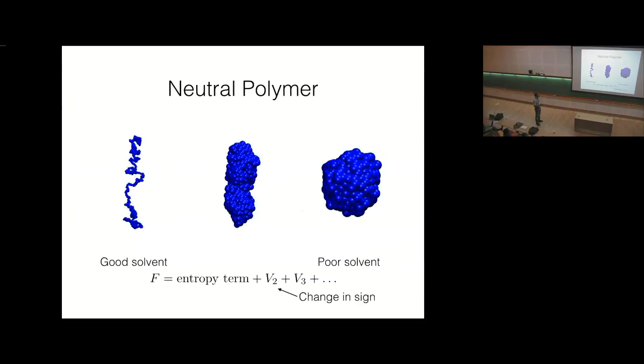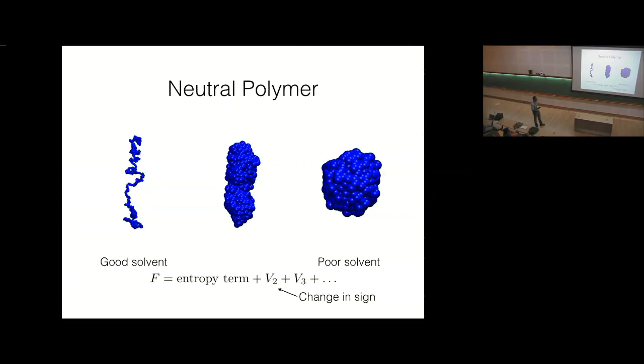So it is well known that if you take a neutral polymer and put it in solution, depending on the nature of the solvent, it can be extended, it can be collapsed, and in between is the theta solvent, where it undergoes a transition. A good solvent is one where the monomers in the polymer prefer interacting with the solvent, while a poor solvent is one where the monomer-monomer interaction is more dominant than the monomer-solvent interaction.